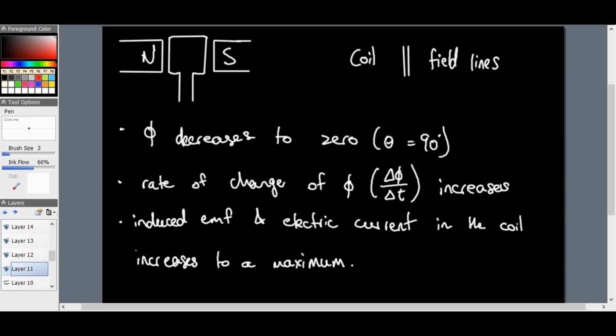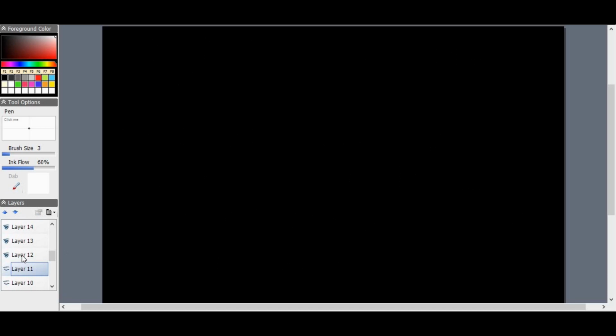That's the motor effect, found in an electric motor. Alternating current is found in a generator, while direct current is found in a motor. We haven't gotten there yet, so let's hope we can get there before the end of the session. But it's pretty easy, so don't worry about it.